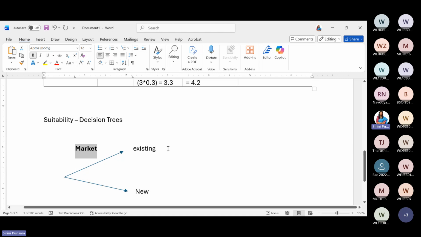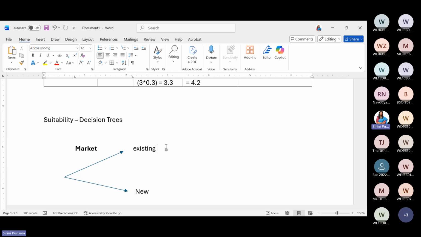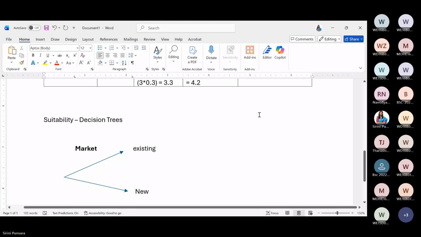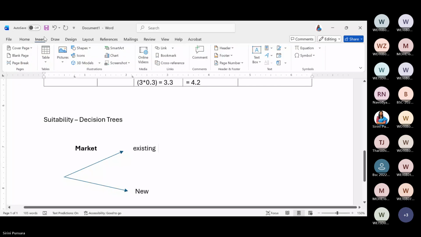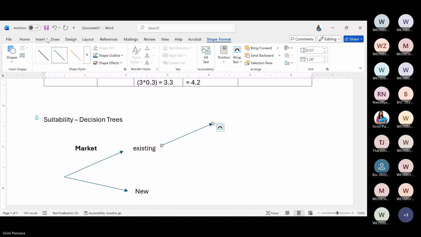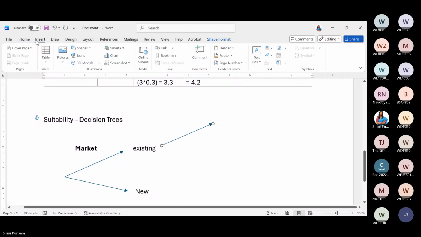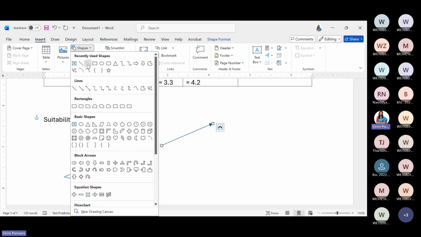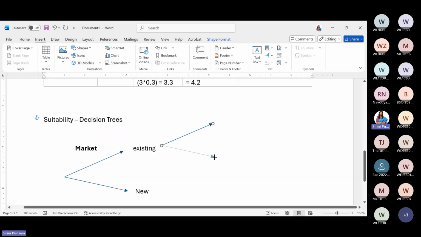First criteria. Here also we will be taking factors. So the first key factor is the market that we are going to operate in, whether it is existing or new. Then here, again, we will be taking two options.